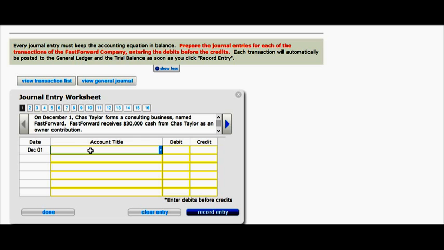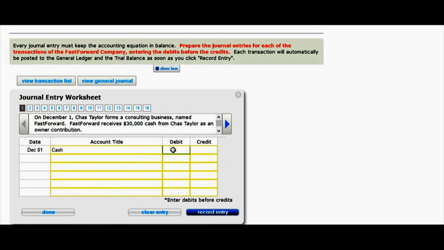So on December 1st, Chaz Taylor forms a consulting business named Fast Forward, and it receives $30,000 cash from Chaz Taylor as an owner contribution. You can either type it in or use the drop down boxes. It tends to mess with me when I just type it in, so I will use the drop down boxes. Cash is the first thing. Cash is your asset.